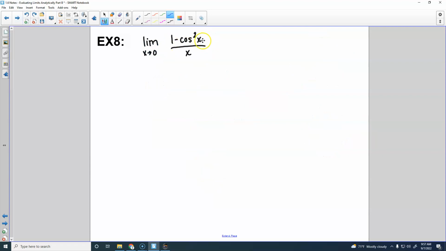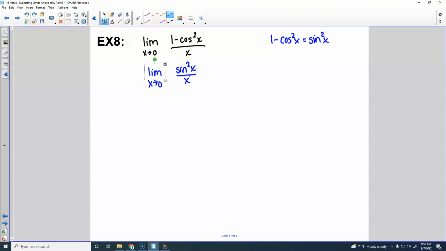Real quick. 1 minus cosine squared x, what does it equal? It equals sine squared x. 1 minus cosine squared x equals sine squared x. Some of that trig stuff is coming back. So, limit as x approaches 0 of sine squared x over x.